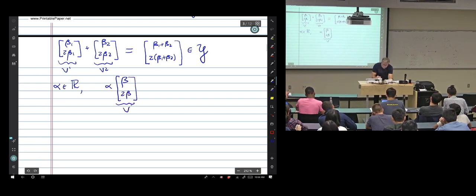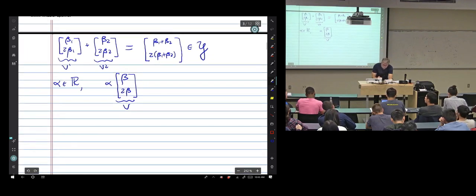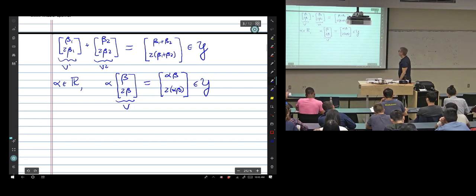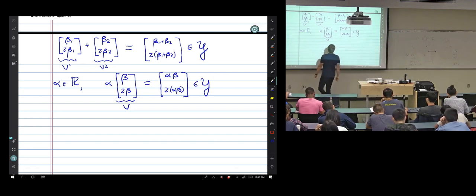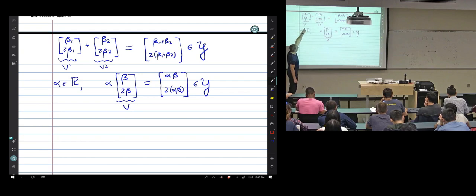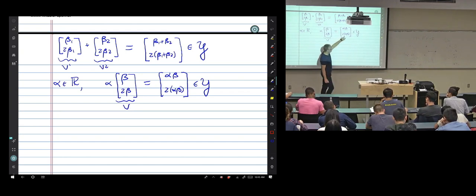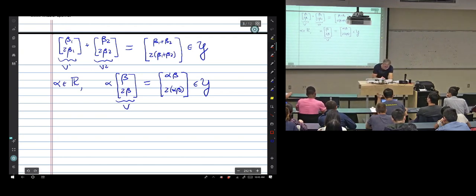Here's a vector V. And by the way multiplication works, we'll take advantage that it doesn't matter in what order we do these multiplications. That's in Y. Okay, so closed under vector addition, closed under scalar times vector multiplication. It is a subspace.